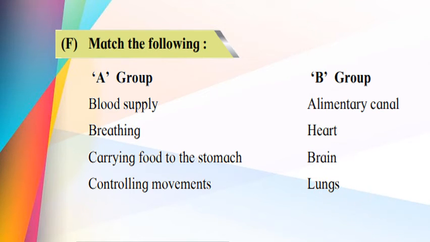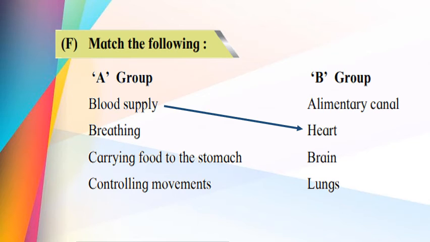Now you know about the lesson and different internal organs and their functions, isn't it? Now we will try to match these. First one, blood supply. Blood supply is done by the heart, isn't it? The heartbeat, or the contraction and the relaxation of the heart, helps to supply the blood throughout the body, right?